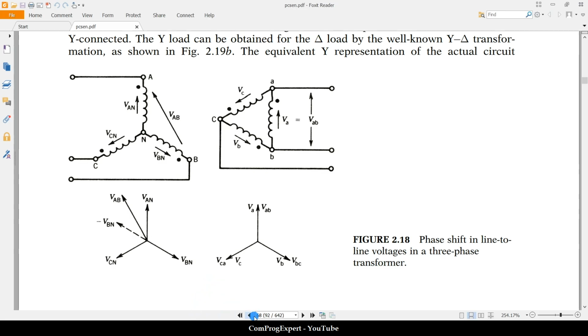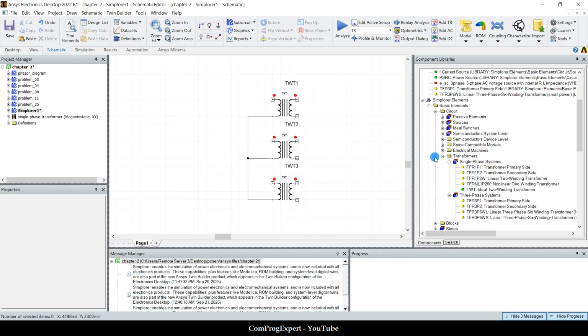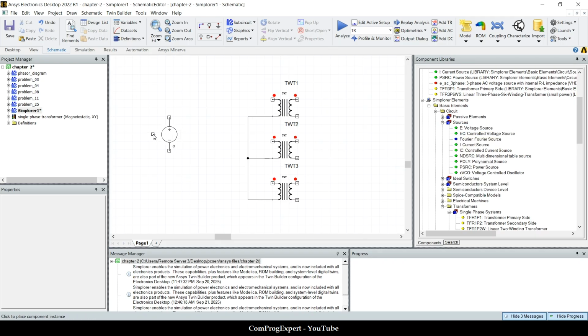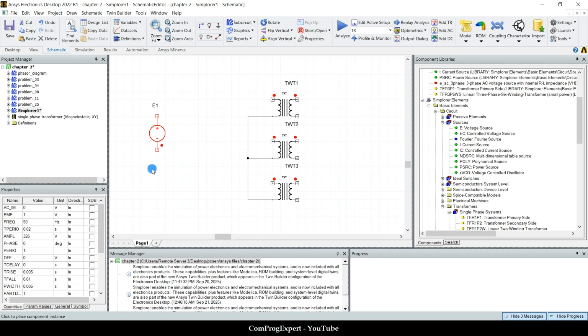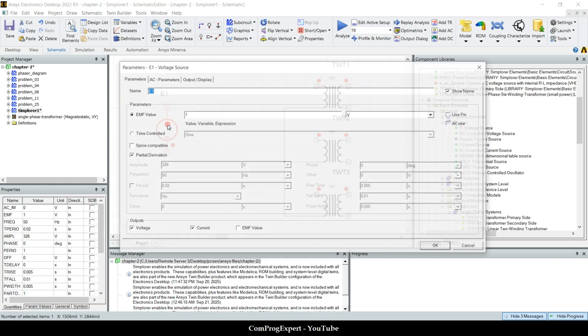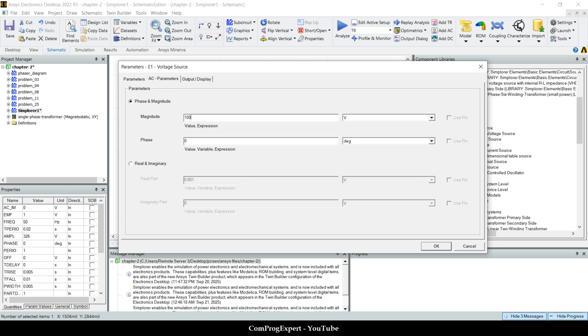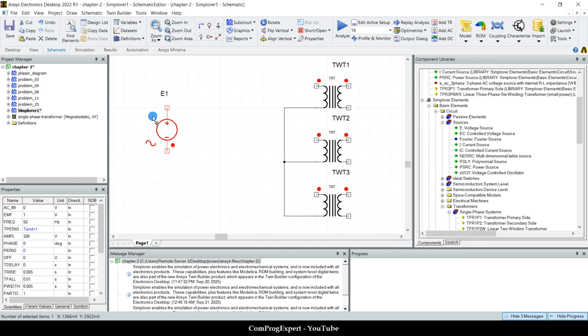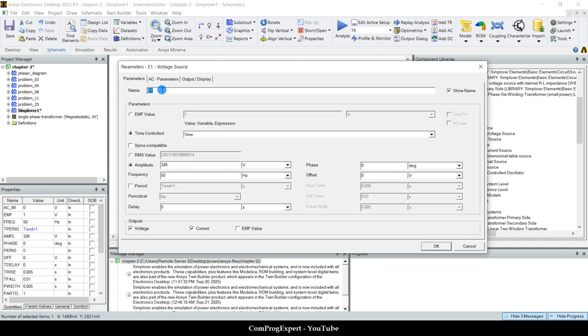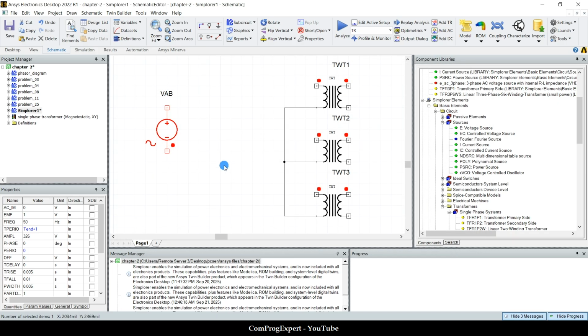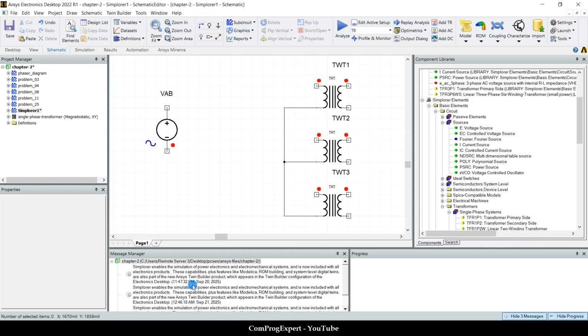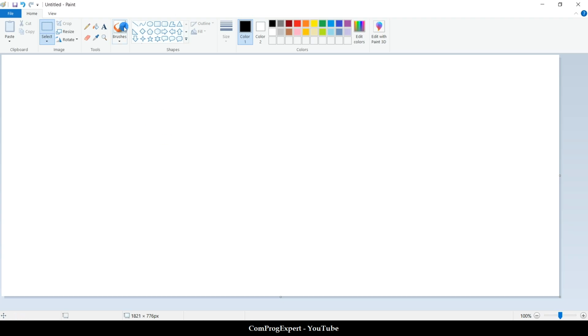Anyway, and now let's add three voltage sources here. Set the value of the line-to-line voltage equal to 100. This is sine controlled. The RMS value is 100. This is VAB, the voltage of the point A with respect to the point B. We have these three lines.